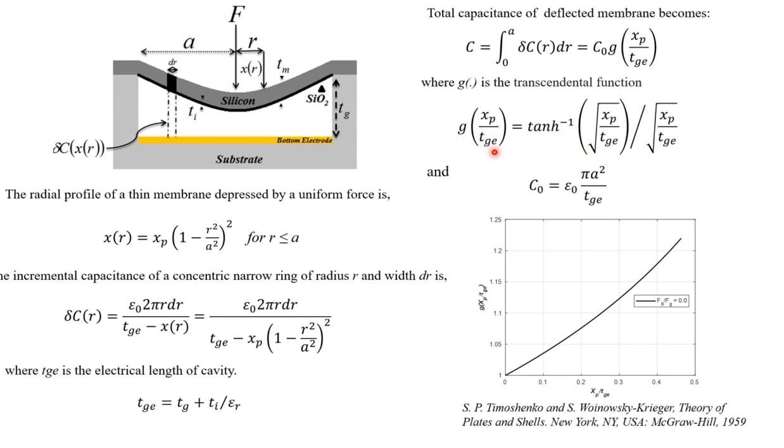And this comes out in the form of transcendental functions, which are trigonometric and hyperbolic functions. A plot of such a function is shown over here. So what it says is that as you go on increasing the bias when the plate is moving, you don't have a capacitance equal to C naught, which is very close to what you would have if you had a parallel plate circular capacitor.